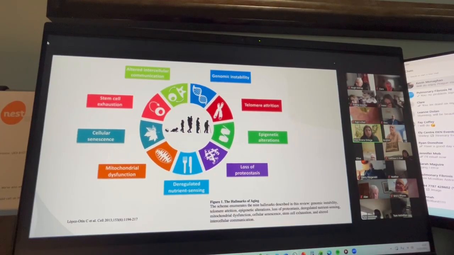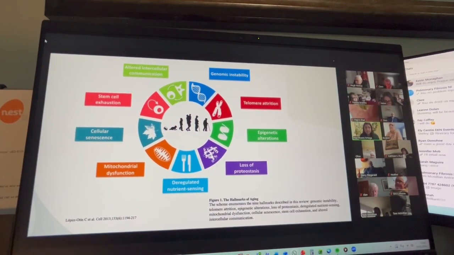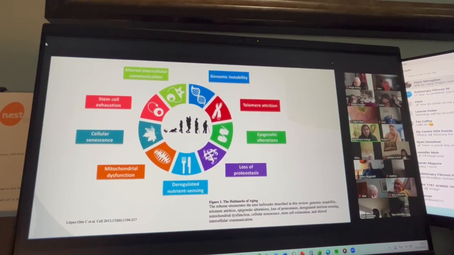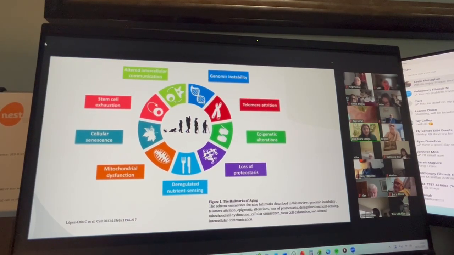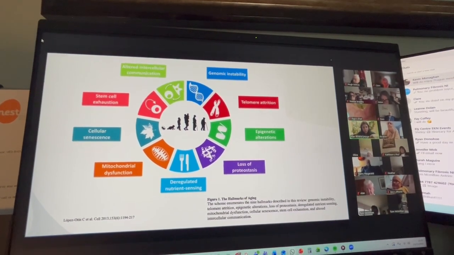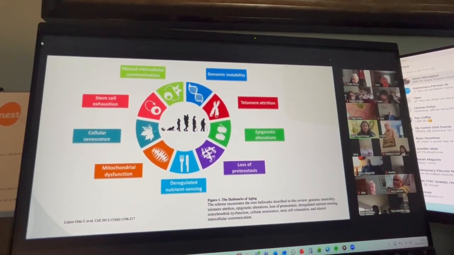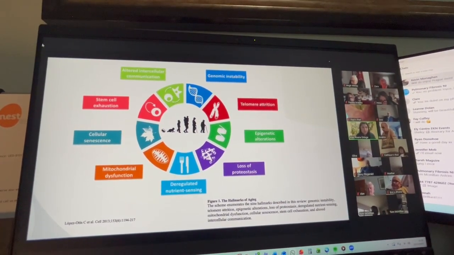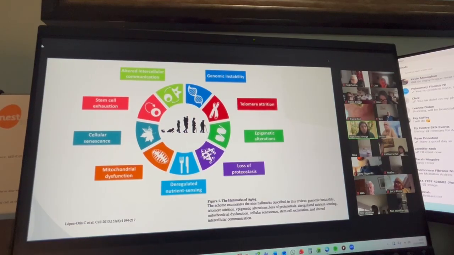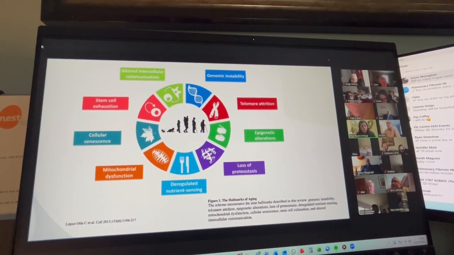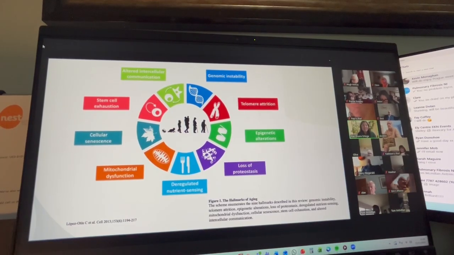At some point, cells are very clever, and they say, okay, I am not as good as I used to be, and I will decide not to have more children anymore. I will stop the mitosis. That means I will enter a process called senescence.